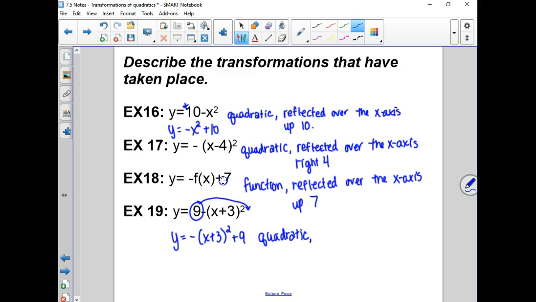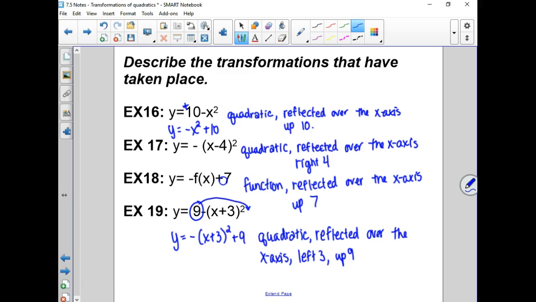That negative tells me that it is reflected over the x-axis. The positive 3 on the inside of the parentheses tells me that the graph has moved left 3. And the positive 9 on the end tells me that the graph has moved up 9.